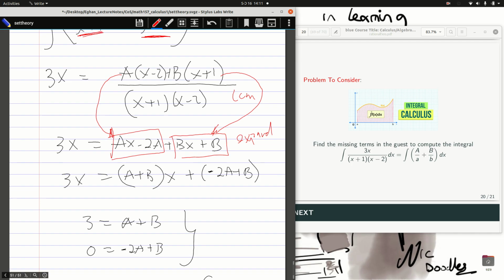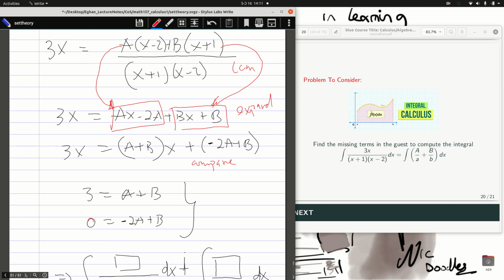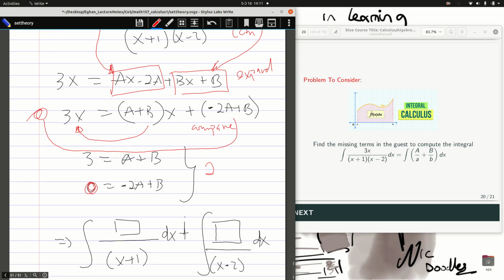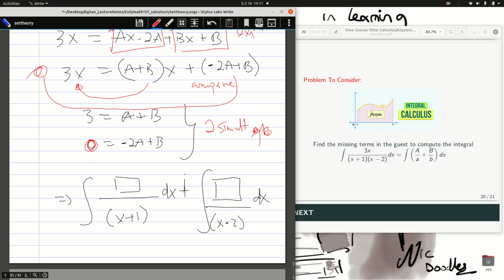Then I compare coefficients just by the numerator. Because there is no constant term, it goes to 0. So this will be compared to that, but this will be compared to 0. It means I'm solving 2 simultaneous equations, and whatever A you get, that is what you place here. And this is how simple the integration will be solved.